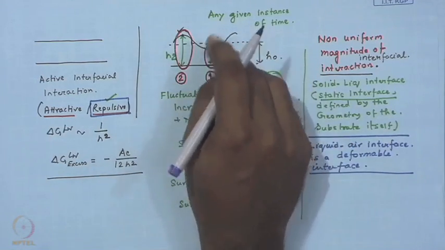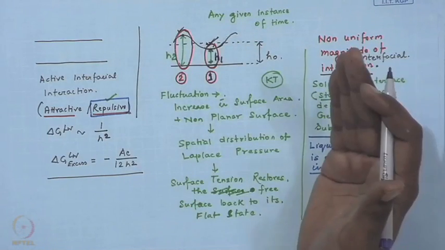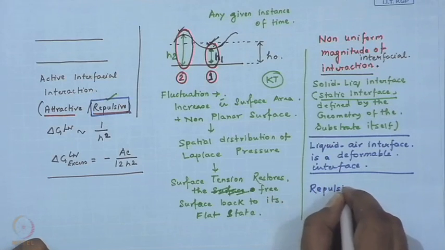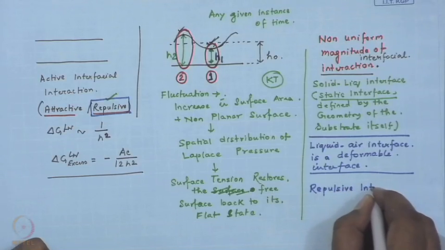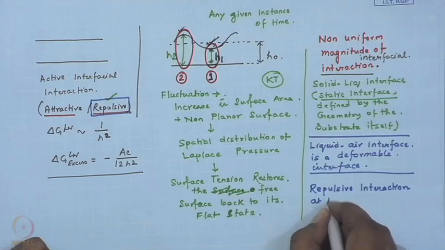So, this repulsive interaction now augments the stabilizing role of surface tension. So, repulsive interaction at point 1.